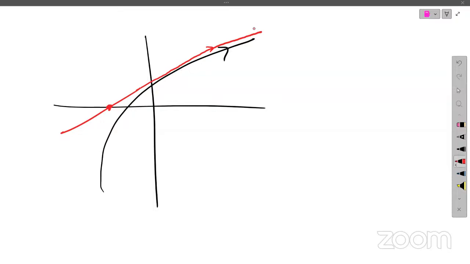Fine. Yeah, ma'am. But how do we find it? Because I think in week 5, in some functions like e raised to something plus something, we have to find the asymptote.